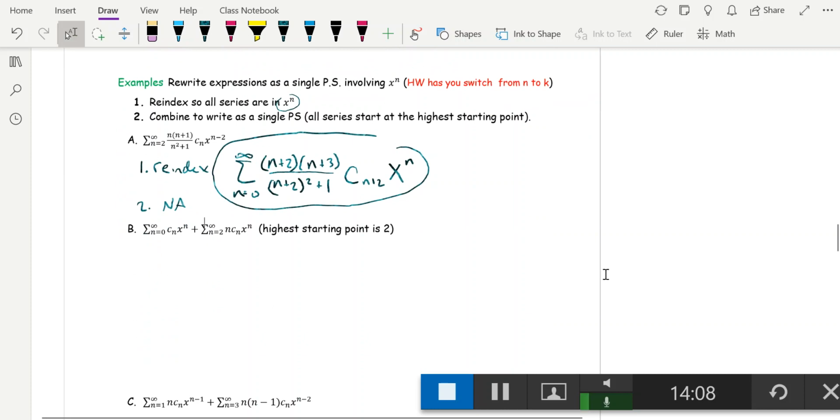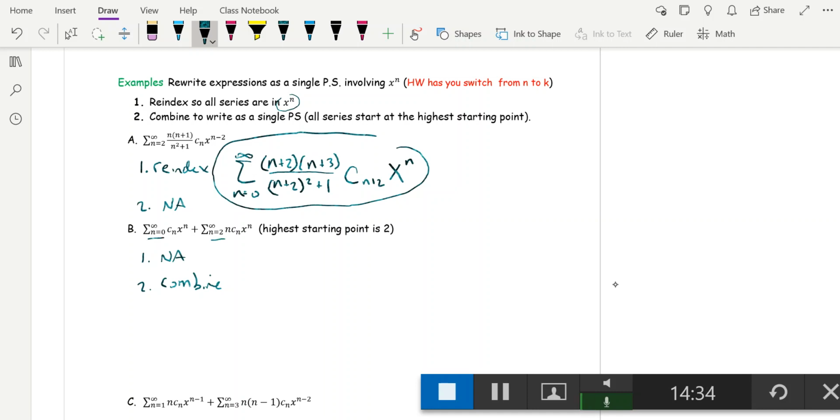Okay, next one, we're going to have to, 1, reindex. No, we don't, because these guys are already written in x to the n. So number 1's not applicable. Number 2, we want to combine. So this one starts at 2, this one starts at 0.